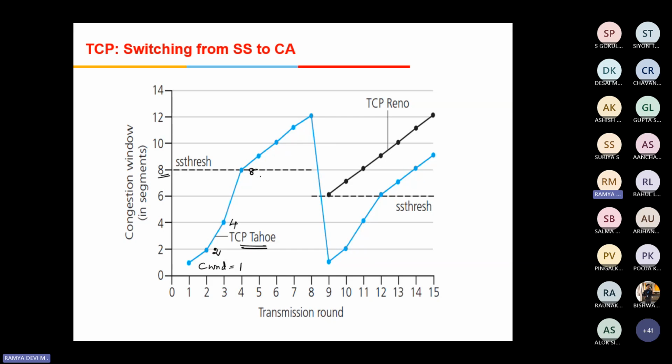This is the slow start state, from here to here. Now it is moving to the congestion avoidance state. It goes to additive increase from 8, 8 plus 1, 9. From 9, the congestion window size is increased to 10, then 11, and then 12. Here the congestion has happened.